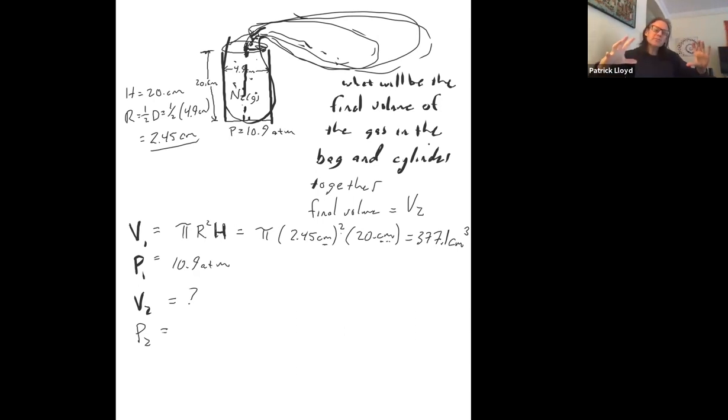So the balloon inflates because the pressure of the air going in is greater than the pressure outside. You blow and blow, and you reach a point where the balloon stops expanding. Then the pressure of the gas on the inside is equal to the external pressure, the atmospheric pressure.